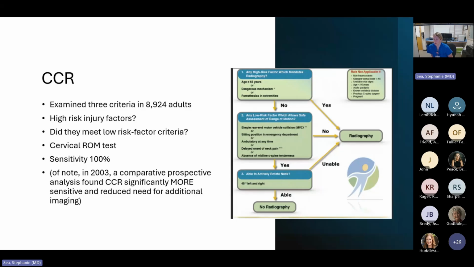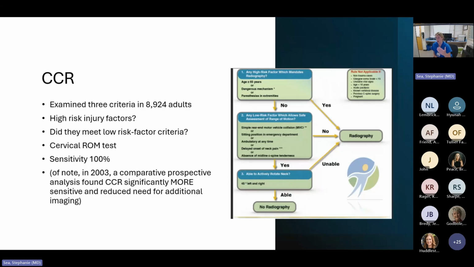Then, were there low-risk factors, which allowed for a safe assessment of the range of motion? So was this just a simple MVC? Were they in the sitting position in the ED? Were they ambulatory at any time? So did they come walking in from triage? Was it a delayed onset of pain or complete absence?